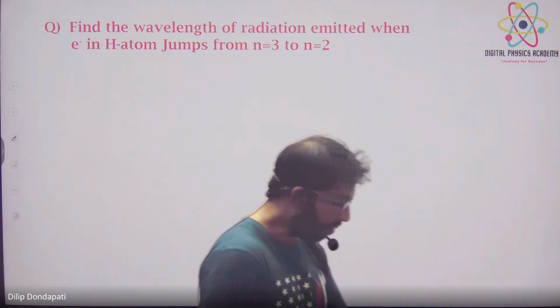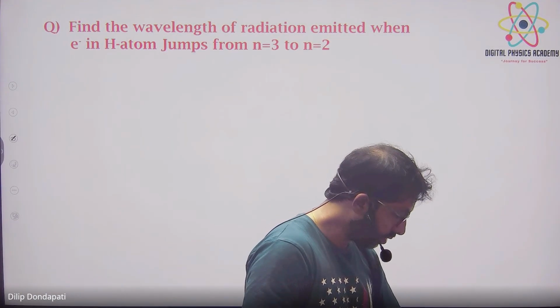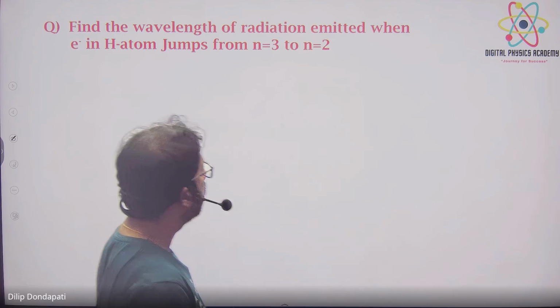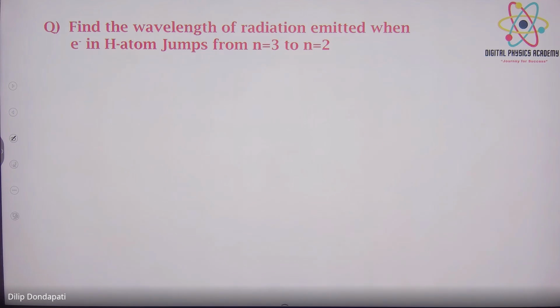Now use the lambda formula to do all such questions. When the electron jumps from the third shell to the second shell, n2 is the higher energy level, which is 3, and n1 is 2.